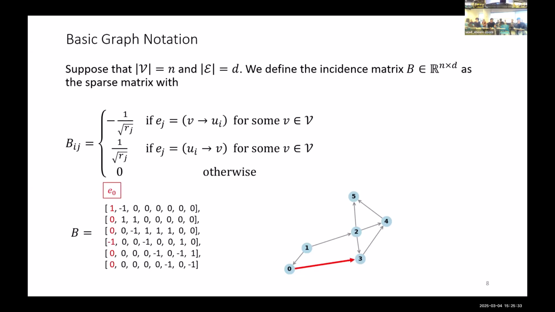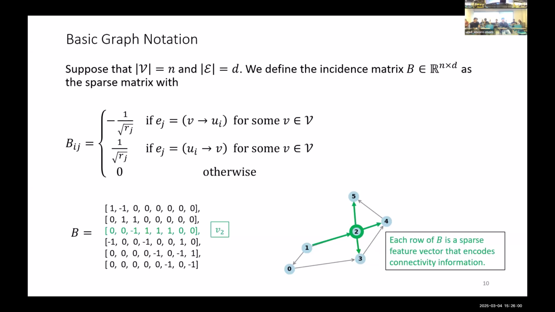The first column of the incidence matrix corresponds to edge 0. You'll notice that each column has exactly one plus 1 and one minus 1 entry because the edge touches 2 vertices. And as another example, edge 3 corresponds to the fourth column of this incidence matrix, and again it has a plus 1 and minus 1.